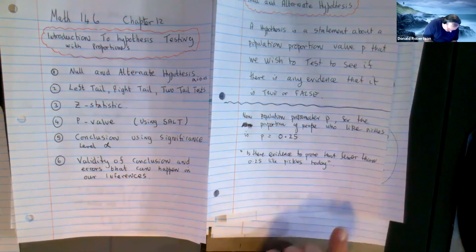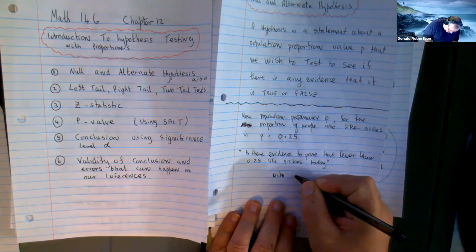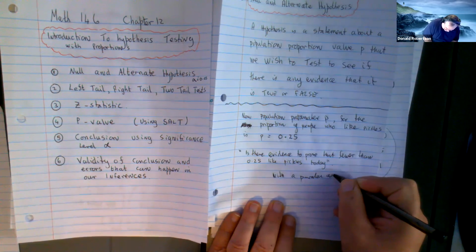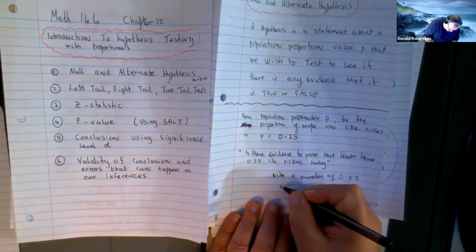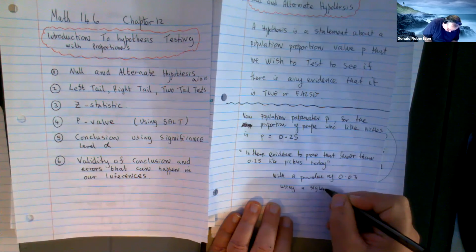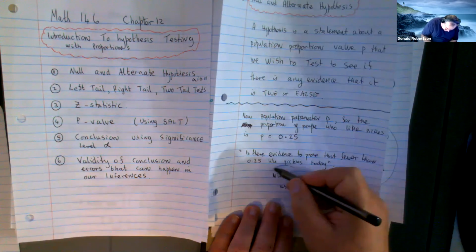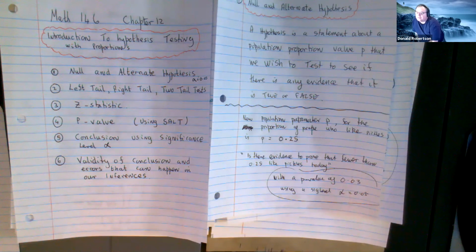And you should say, if you're being really honest, with a p-value of whatever it is, let's pretend it was that number, and using a significance level of 5%, you should have that as part of your statement at the end.